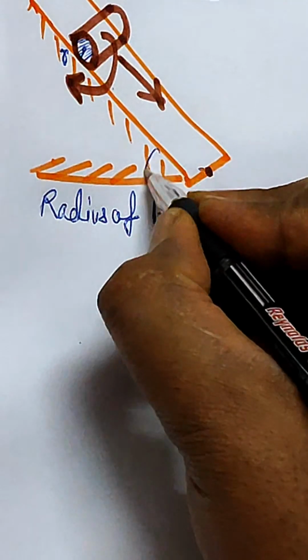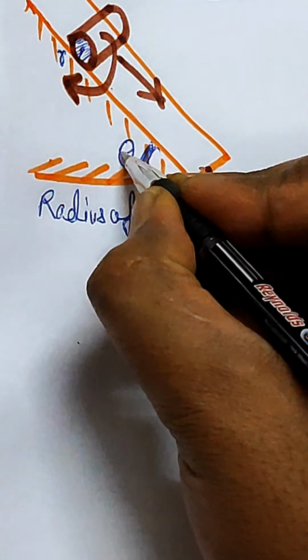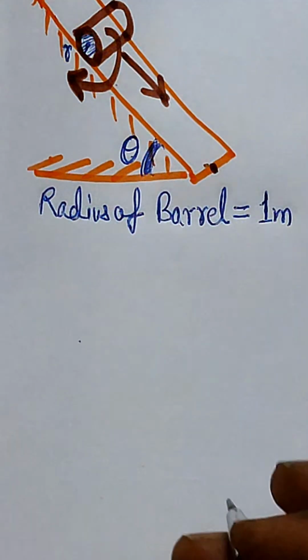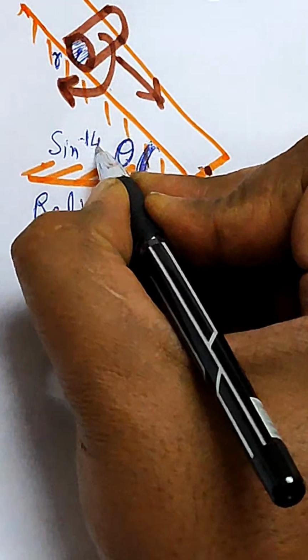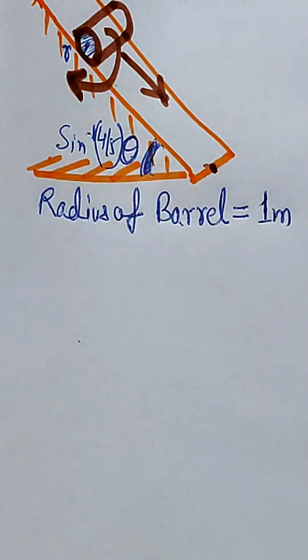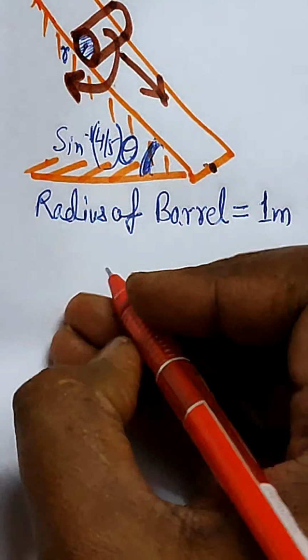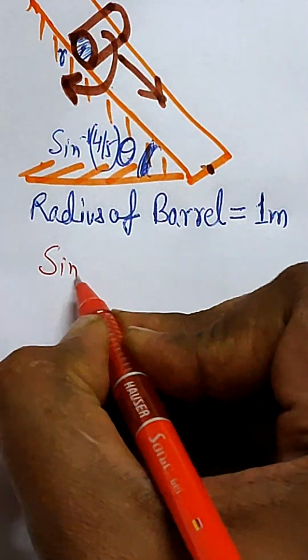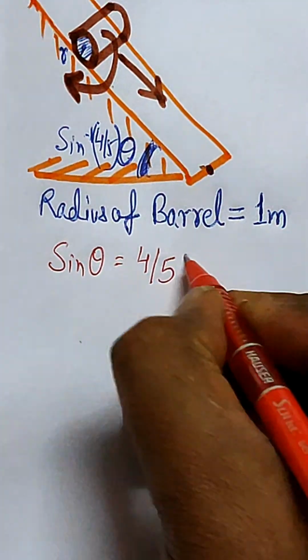That means this theta is given as sine inverse 4 by 5. So what does it mean? That means the value of sine theta is 4 by 5, right?